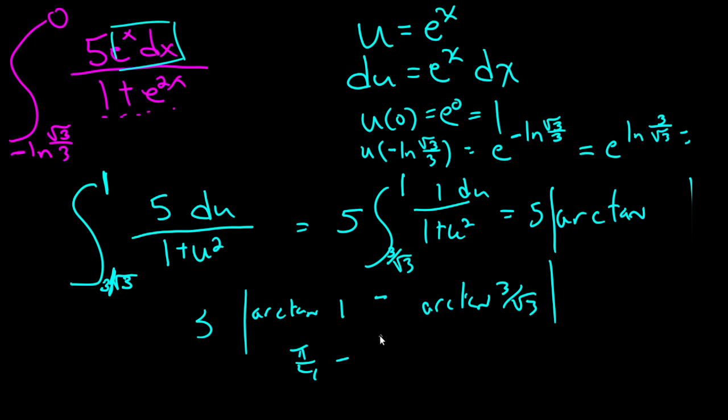That's negative, so it's going to be positive pi over three. And so 3 pi over 12 minus 4 pi over 12, or negative 5 pi over 12.